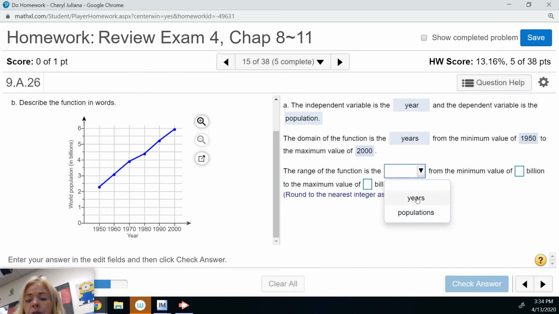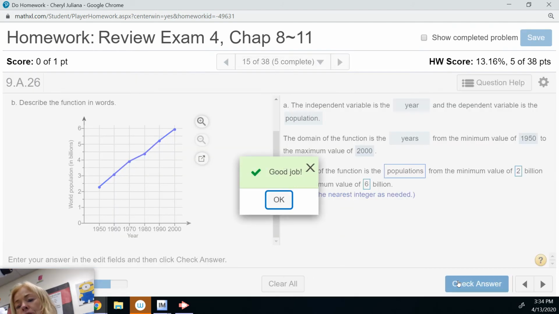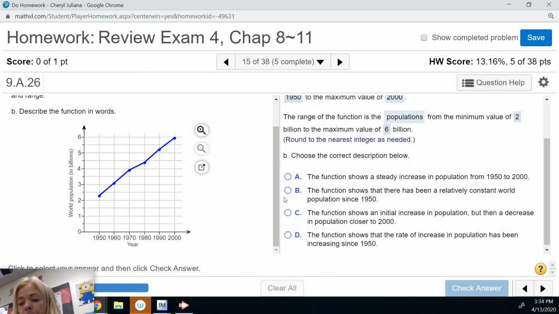And then the range is going to be the populations. The minimum value for population, to the nearest integer, is 2, because we're a little more than 2. And then 6 is the highest. That's an integer. All right.